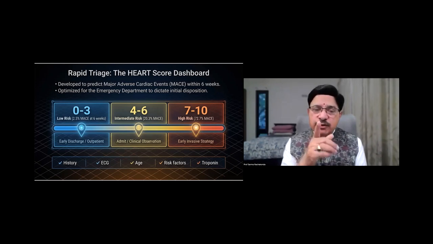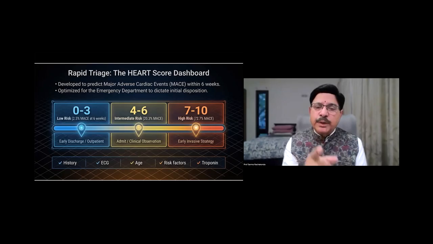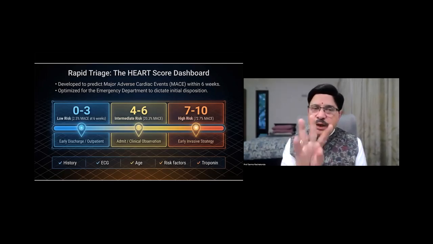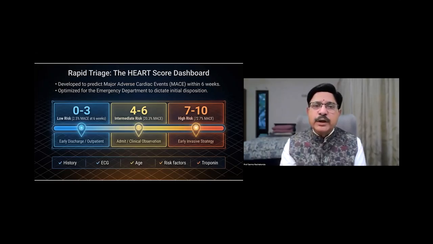This is the first triage. Remember how to apply the HEART score and triage the patient: out of the ED, admit and observe, or go to the cath lab. Three directions. It was developed to predict major adverse coronary events, MACE, within the next 6 weeks, optimized for emergency department triage to dictate the initial disposition of the patient.